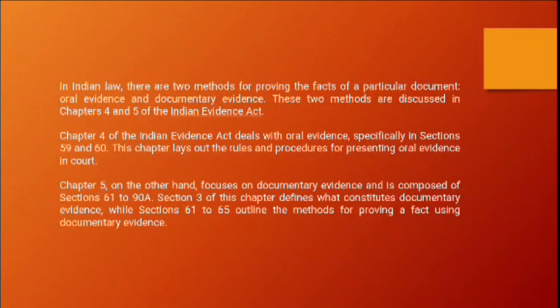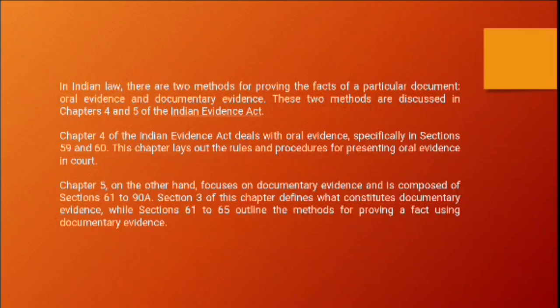Chapter 4 of the Indian Evidence Act deals with oral evidence, specifically in section 59 and 60. This chapter lays out the rules and procedures for presenting oral evidence in court. Chapter 5, on the other hand, focuses on the documentary evidence and is composed of section 61 to 90A.